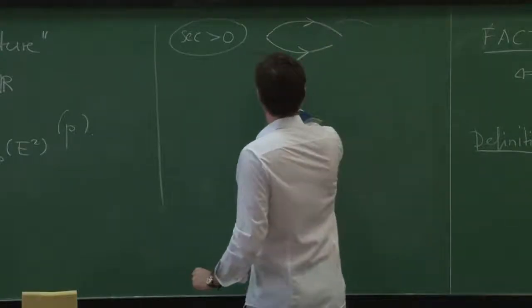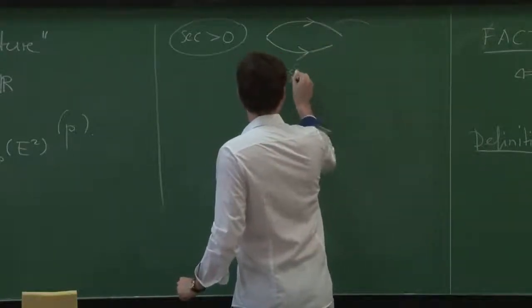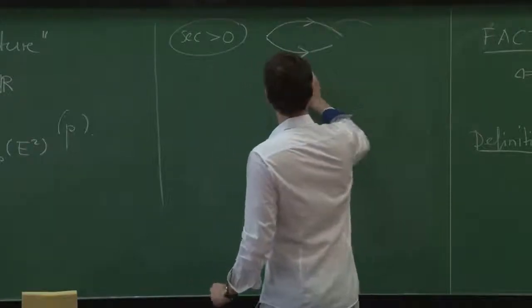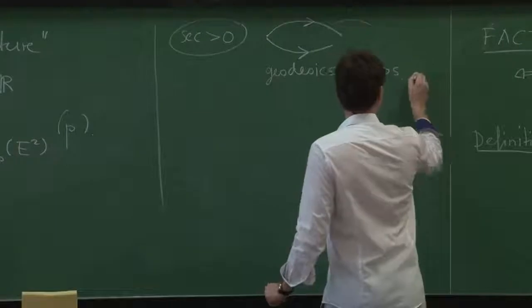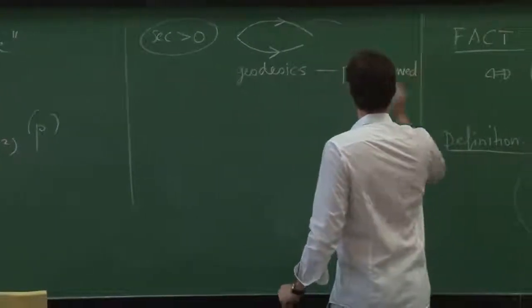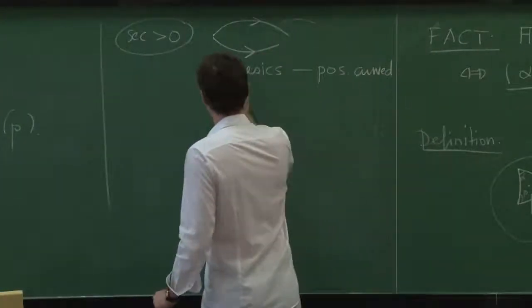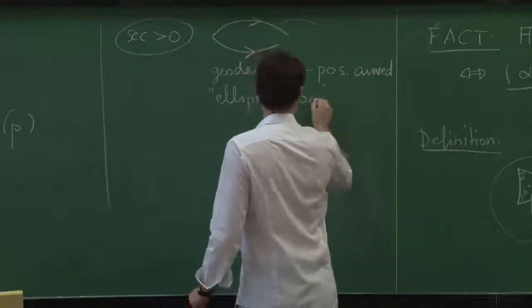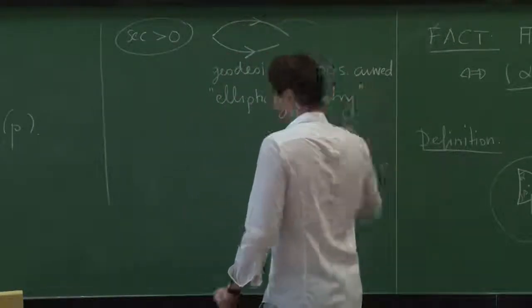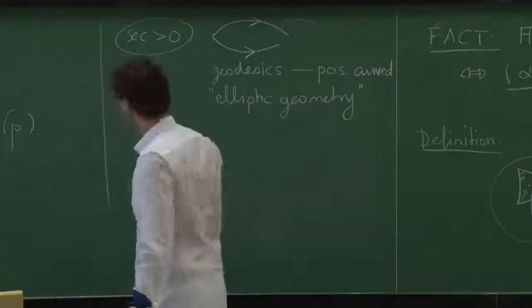So the geodesics are positively curved. And this is called elliptic geometry.